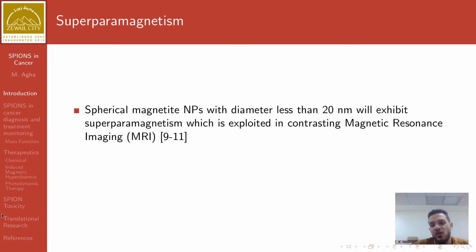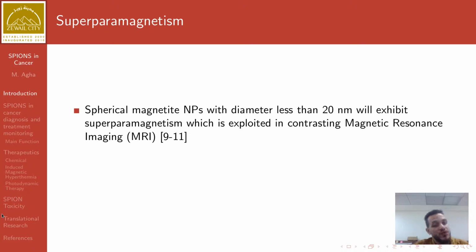Okay, so we have a relation here which states that when we have spherical magnetite nanoparticles with diameter less than 20 nanometers, they will exhibit superparamagnetism, which is then exploited in contrast magnetic resonance imaging.